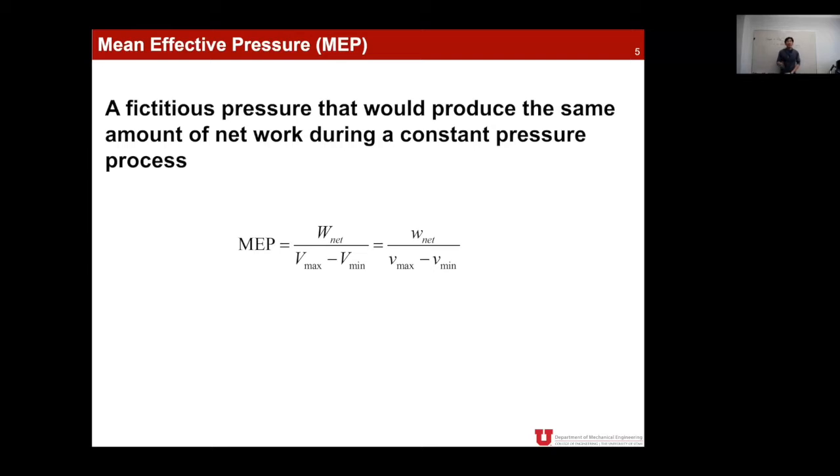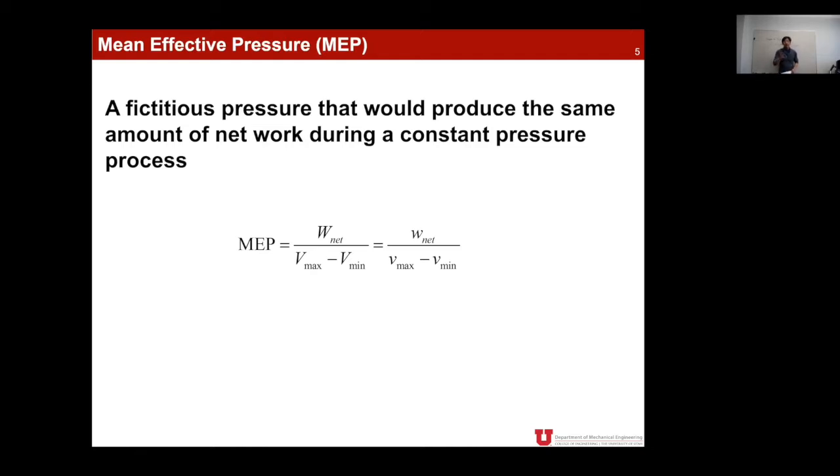Many times, automobile companies love to use mean effective pressure, or in short MEP, rather than the work number itself, because MEP gives us a more intuitive value of how the engine performs in terms of power output.